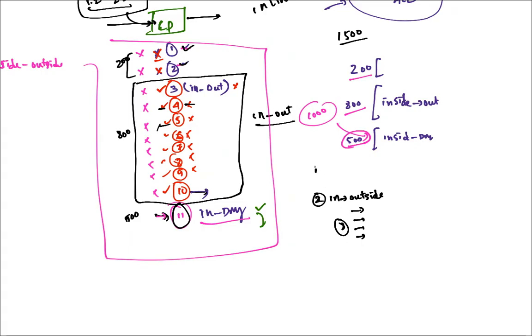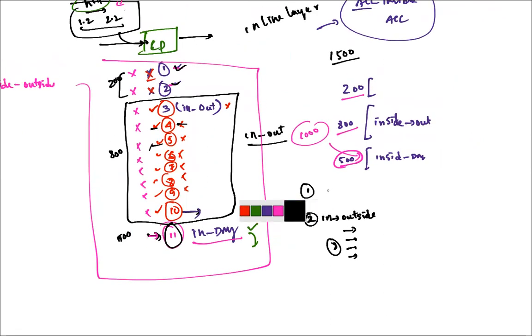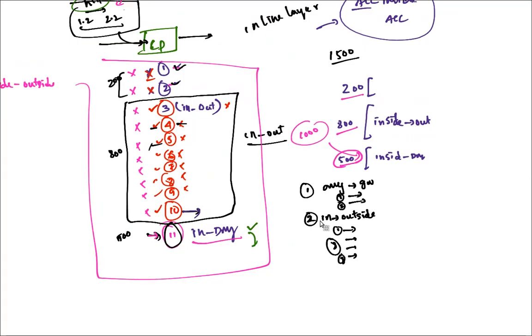And this is rule number 1, which is anyone to the gateway, and inside that I have 2 rules, rule number 1 and rule number 2, and this is rule number 1 till rule number 8. So I'm just going to do it like this, guys.